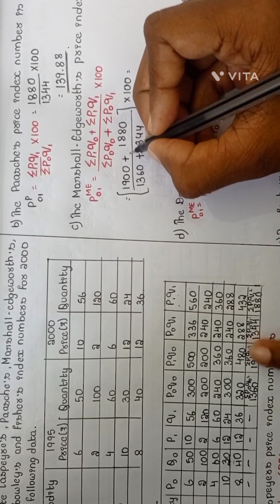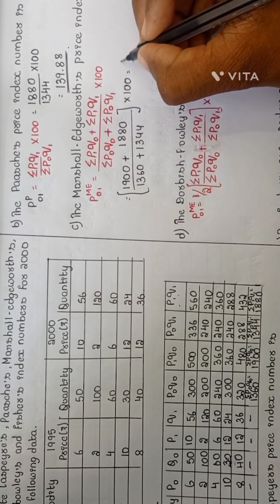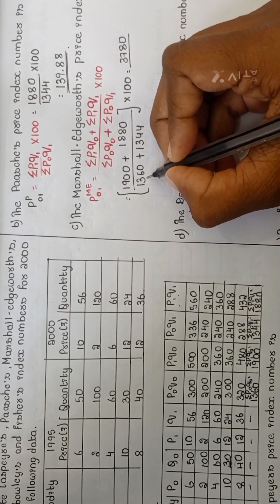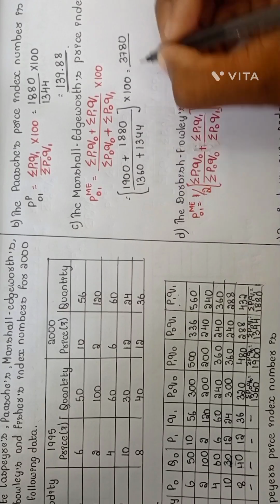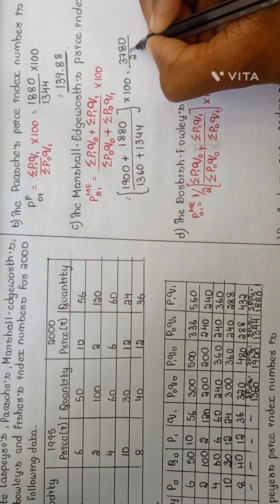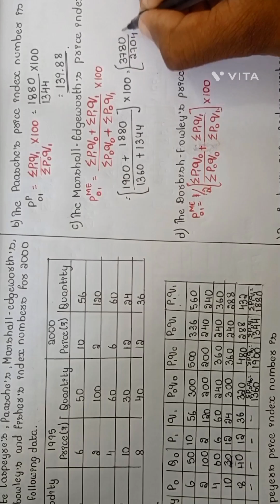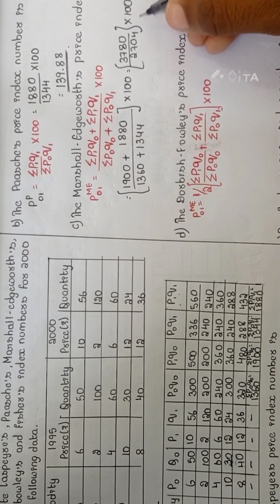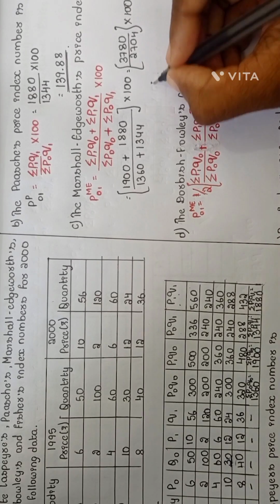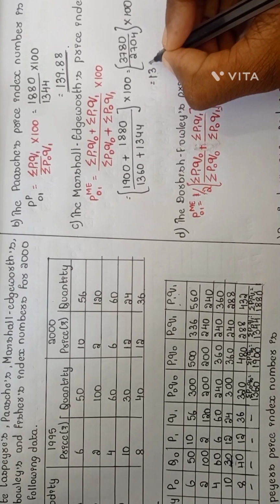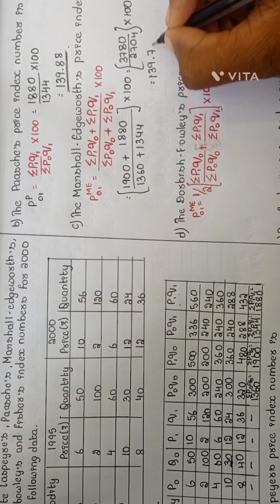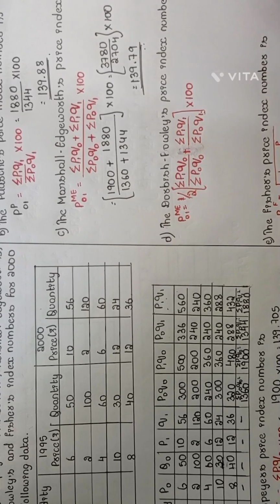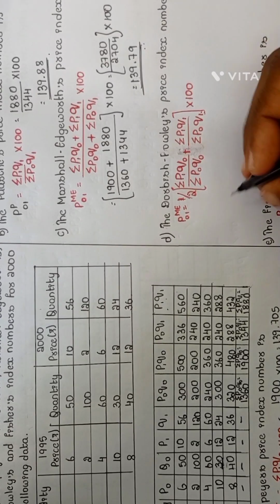So 1900 plus 1880 is 3780 divided by 1360 plus 1344 is 2704 into 100. If we divide and multiply it with 100, we will be getting the answer as 139.79. Okay, so this is also simple. The only thing is you should remember the formula.